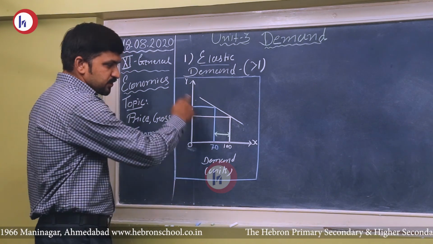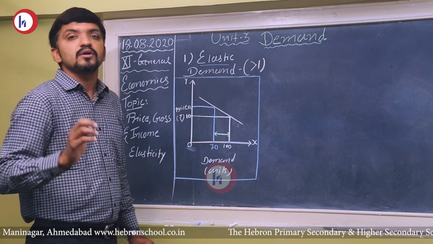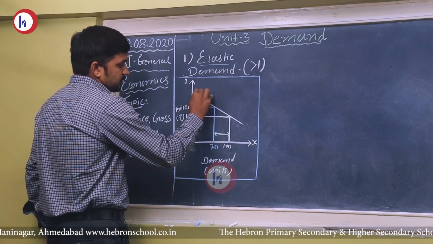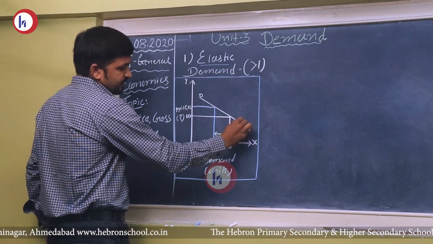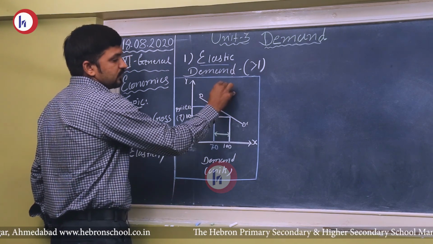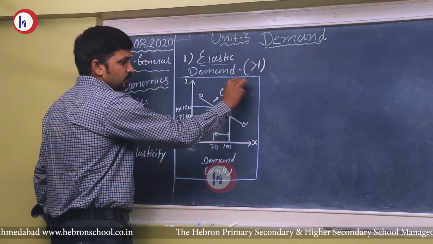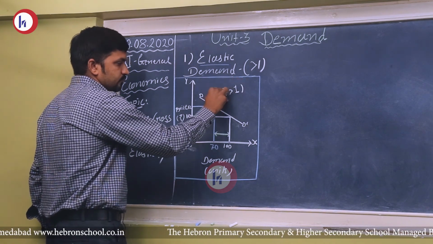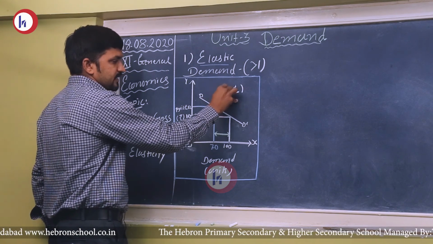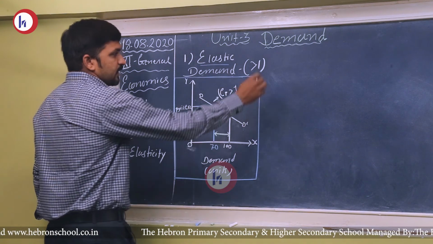But when you draw a shape, it will be very clear whether your figure is right or wrong. So let me present this with D dash, and this stands for that price elasticity is greater than 1. Price elasticity is greater than 1. Finish.